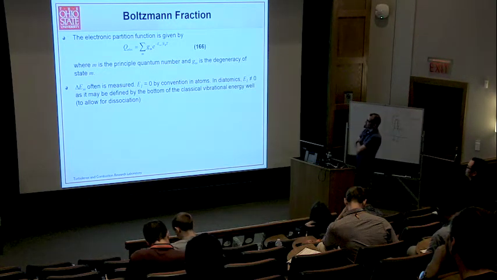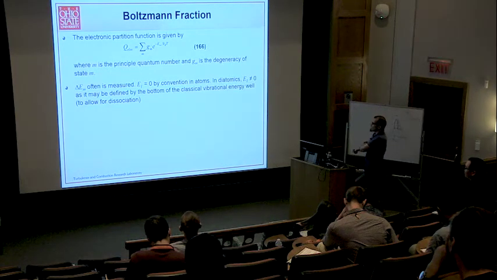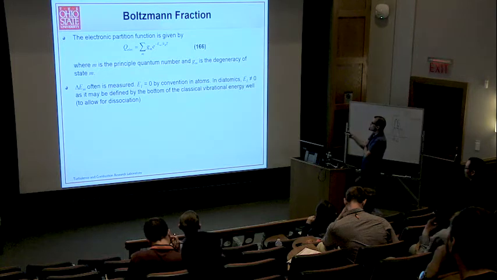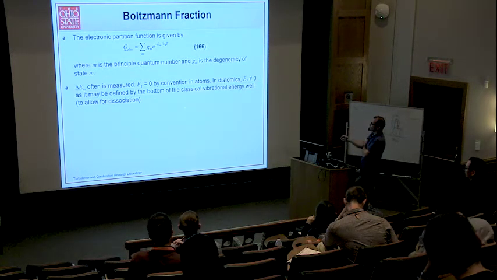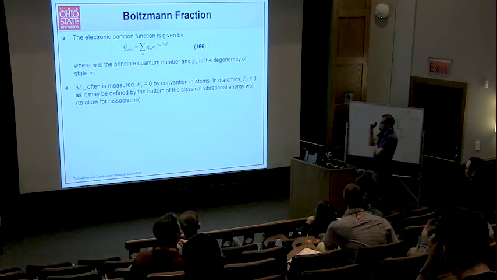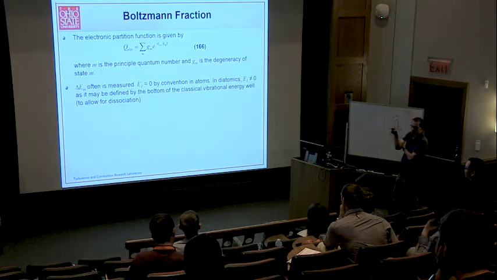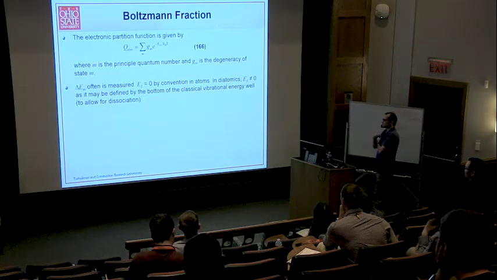So let's say we want to find the change in energy, or the delta, for the mth electronic state. In atoms, E1 in the ground state is set by convention to 0, so everything's relative to the ground state. In diatomics, this is not true, because if you go back and look at your notes on the vibrational level, you'll see that there was a portion of the potential energy curve that actually went below 0, and this is to allow for dissociation.